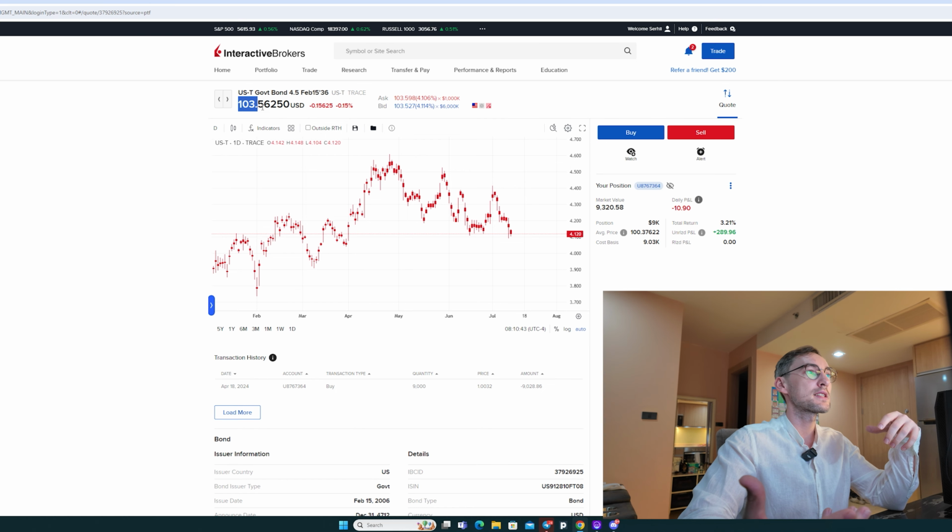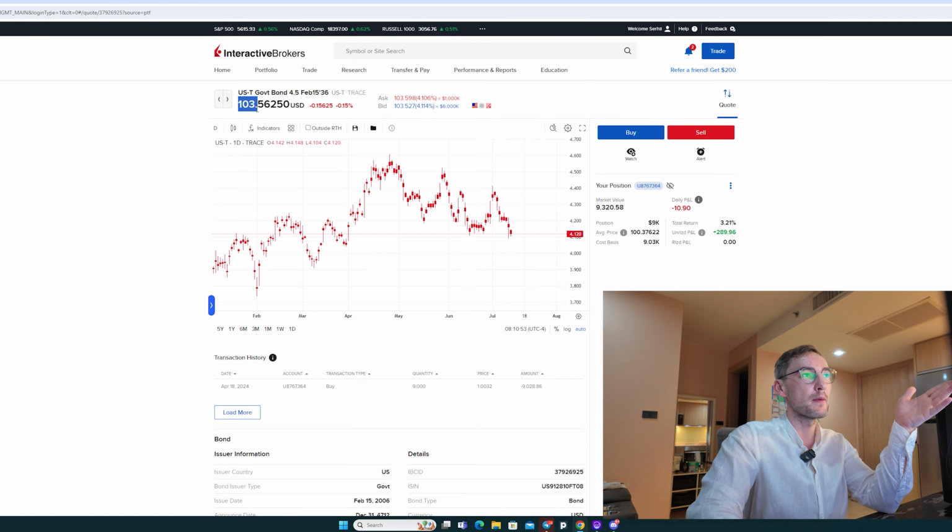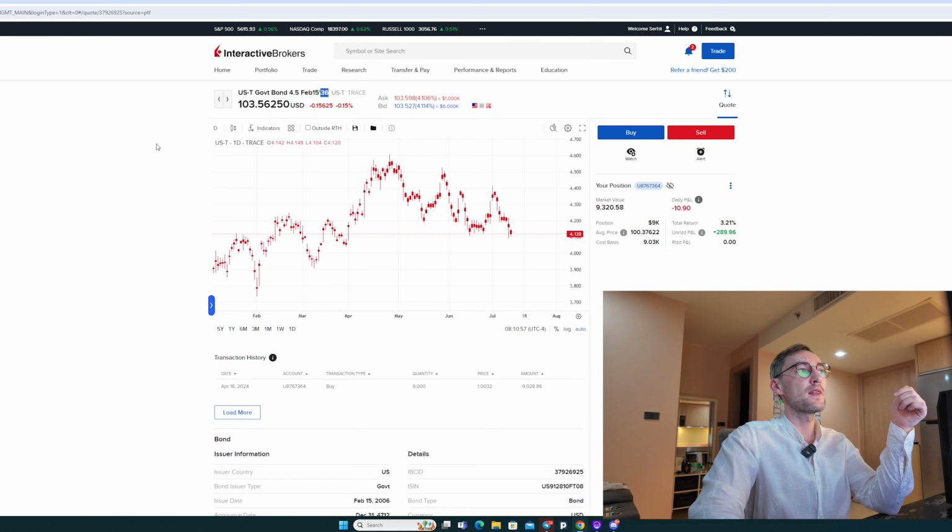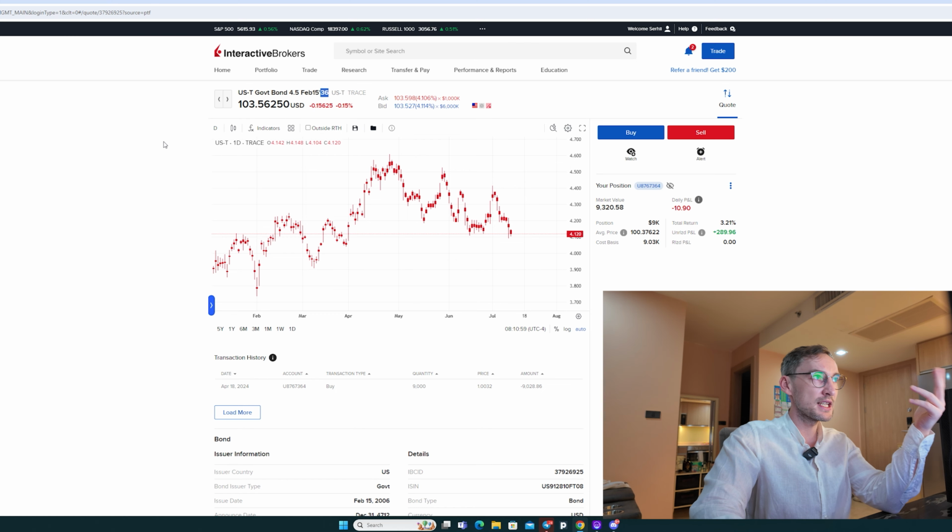So why would someone want to pay $103 for a debt of $100, which will be paid in 2036? The answer to this question is the interest rate this coupon is paying and the current market interest rate.